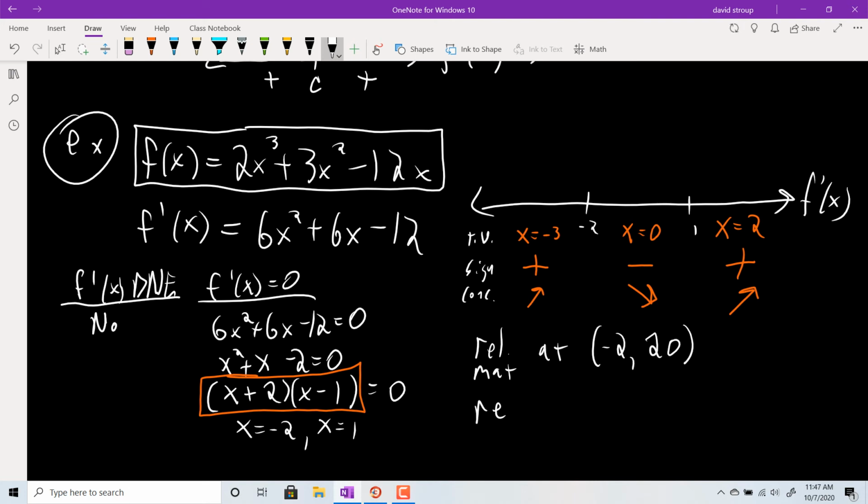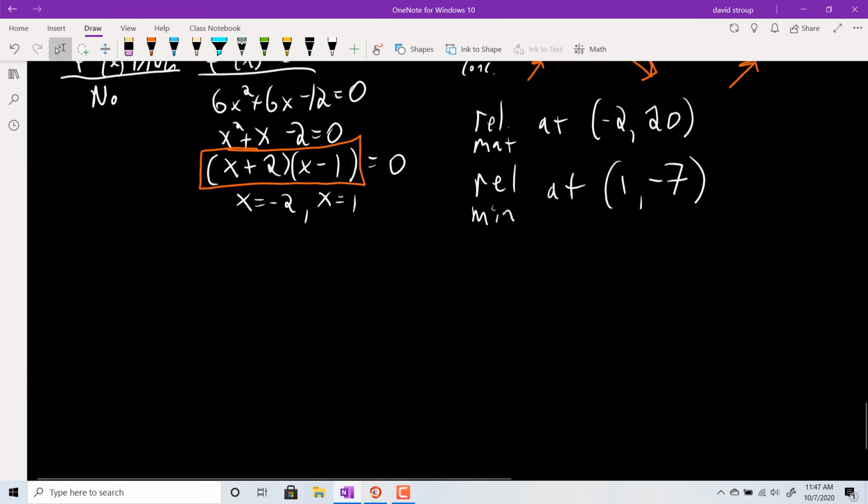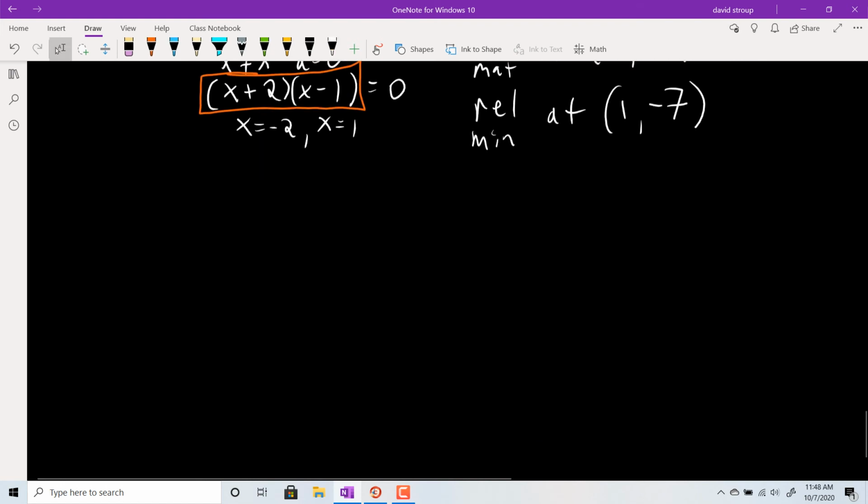And then there's going to be a relative min at 1, plug 1 in there, 2 plus 3 is 5, minus 12 is minus 7. Okay, that's the idea. Let's look at maybe 1 or 2 more, and then we'll call it quits for this section.